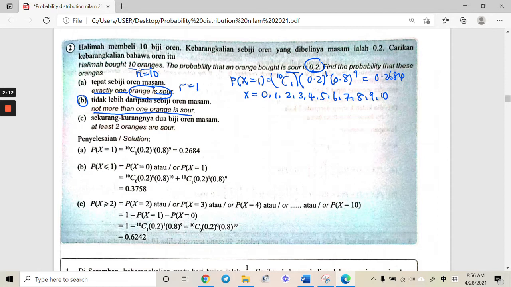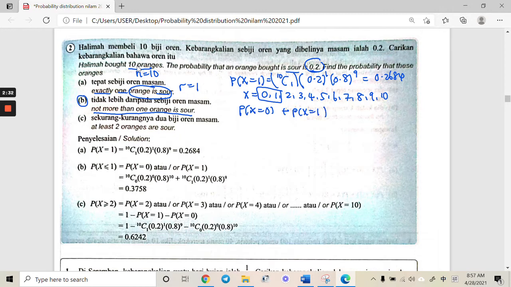So you see, not more than 1 means 0 and 1. When you are involving 2 values of r, then you need to calculate 2: P(x equals 0) plus P(x equals 1).